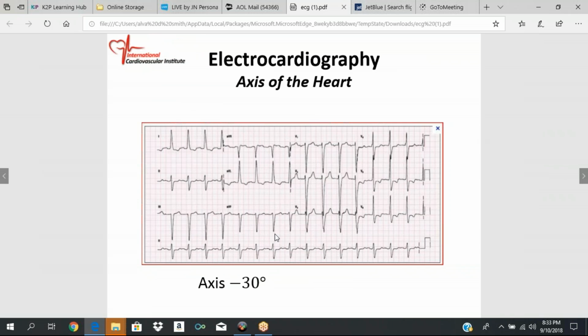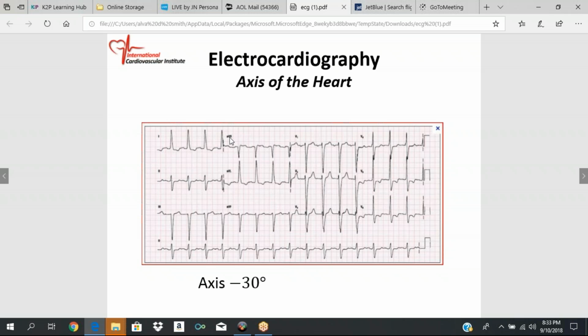This is a 12 lead ECG. When you do your 12 lead ECG, you take 10 electrodes and put them on the patient's skin, and you're going to get 12 leads. This is lead 1, lead 2, lead 3, AVR, AVL, and AVF. These are your limb leads.